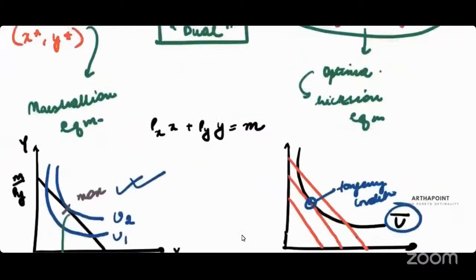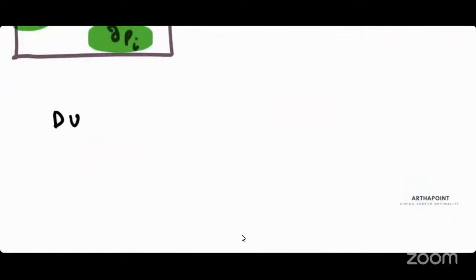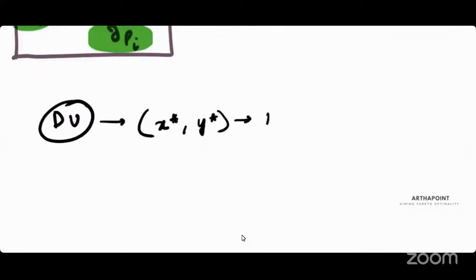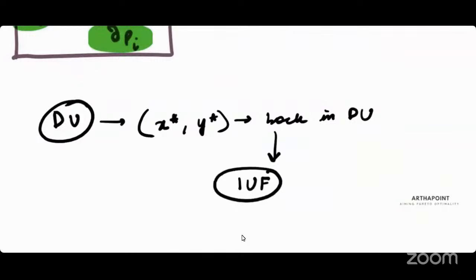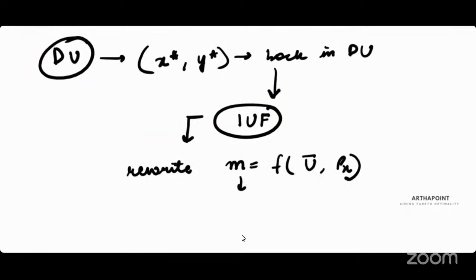So, what is the entire process that we have learned so far? I am given a direct utility function. I find x star and y star from it. I put it back in the direct utility function, and from there I find the indirect utility function. After I find the indirect utility function, I rewrite this such that m is a function of utility and prices. I call this m the expenditure function.